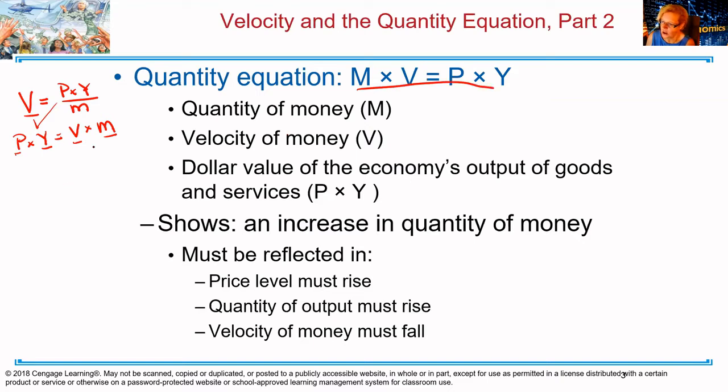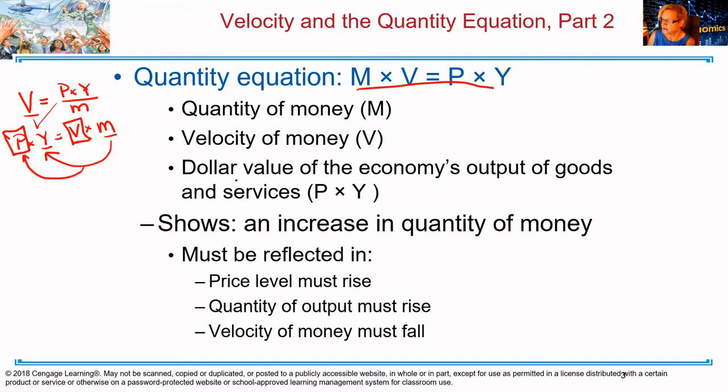One of the things we know is that velocity is relatively constant. We're going to prove that in just a moment. We also know that inflation is relatively constant in the United States. So if I isolate those two variables, what we see is the money supply and GDP, and we might see the money supply and inflation.